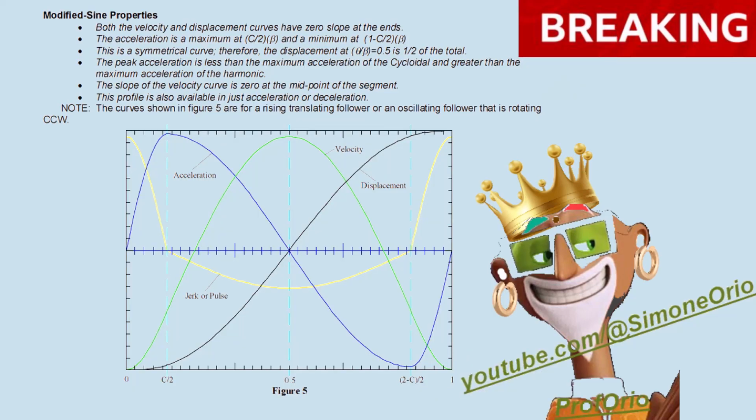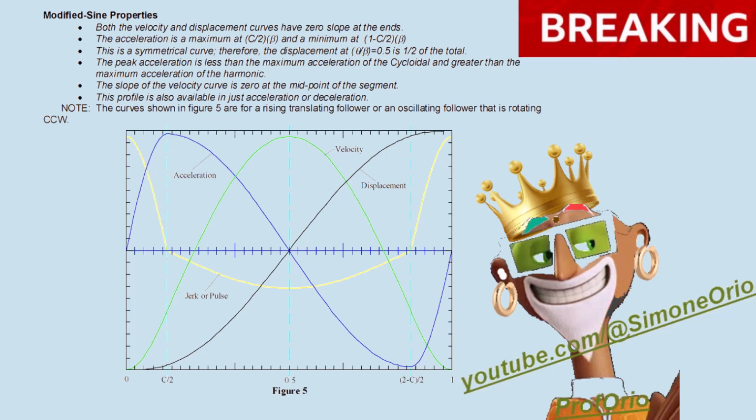For the de facto standard modified sine, 1/4 of the entire segment is cycloid. 1/8 at the beginning is the acceleration portion of the cycloid, and the last 1/8 at the end is the deceleration portion of the cycloid. And then 3/4 of this segment is made up of harmonic.